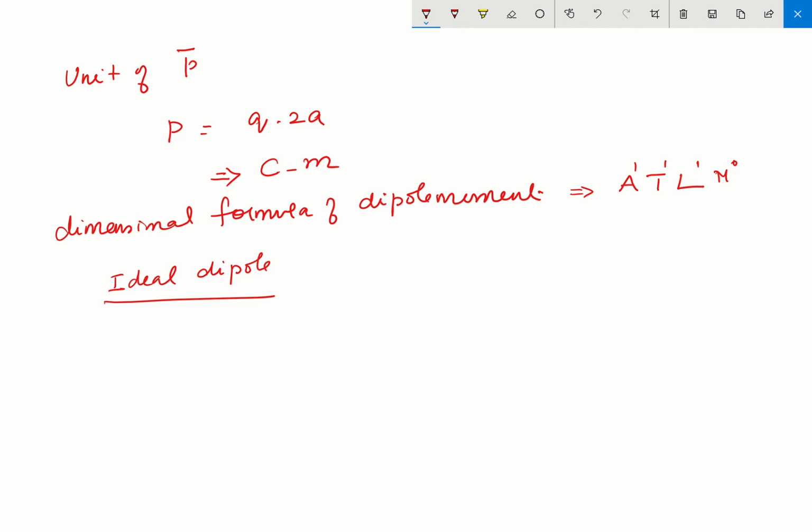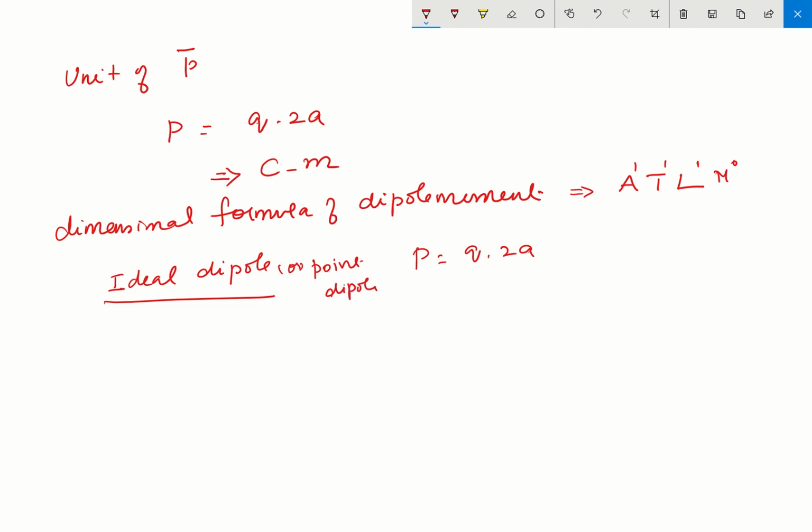If P is equal to Q into 2A, it is the smallest dipole. It is also called a point dipole.